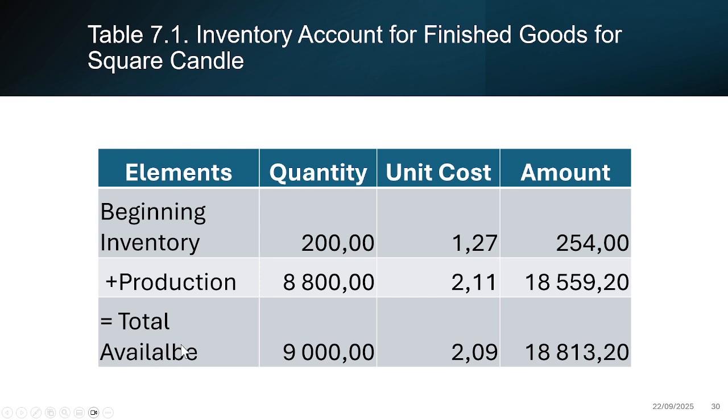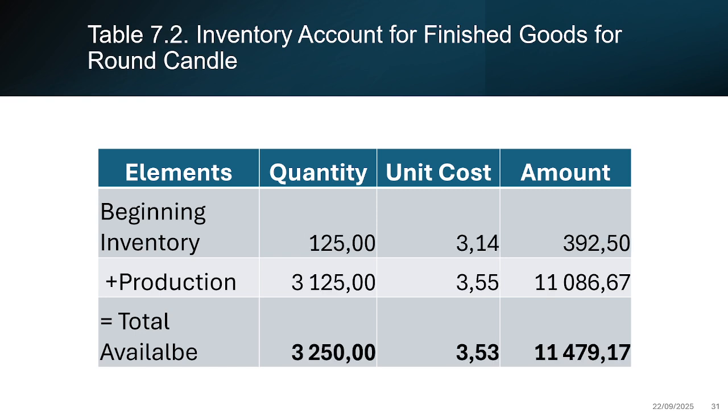For the square candles, the total available is the value of beginning inventory added to the value of new production, and we have a total value of 18,000 divided by the total quantity of 9,000. So we have 2.09 per candle, right?